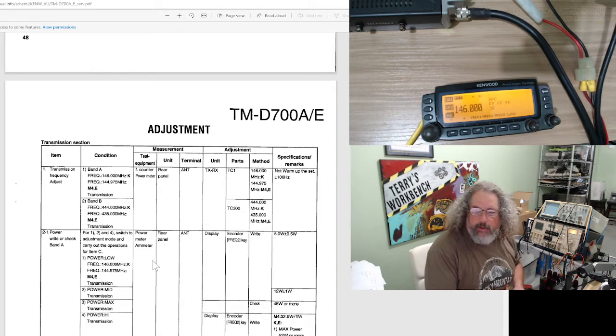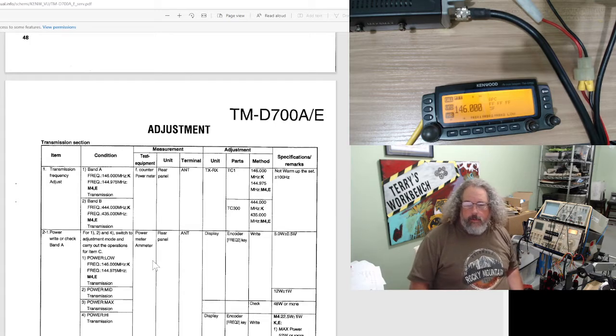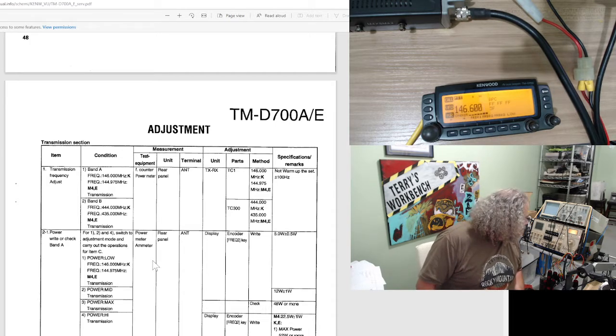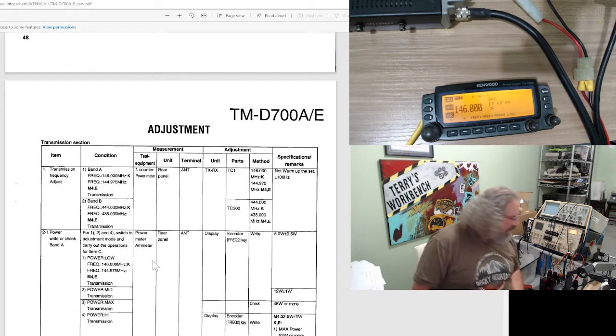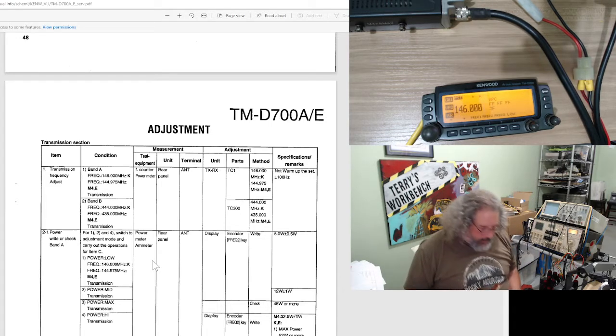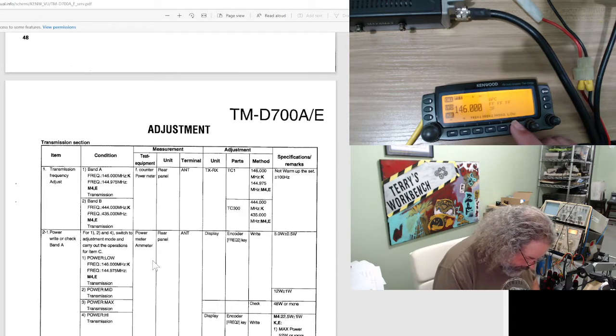Going like 6 watts there. For 5.5 watts low. That looks good.